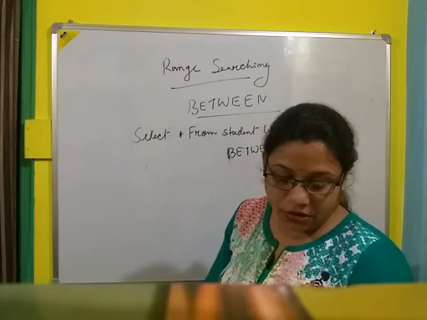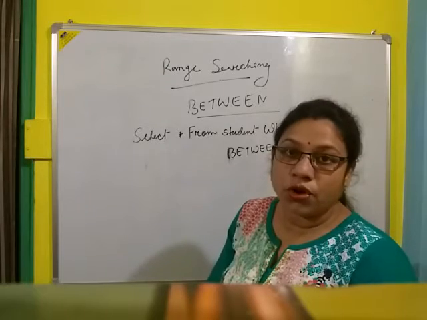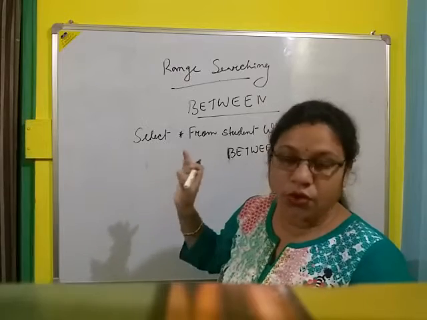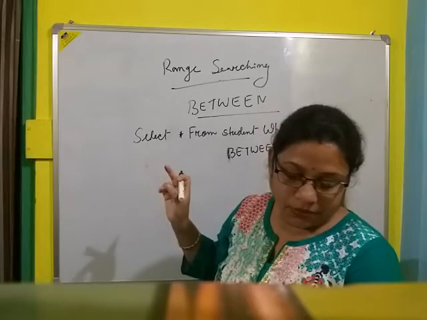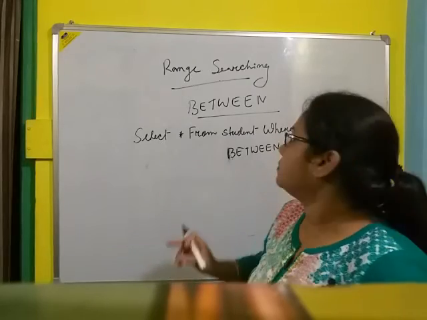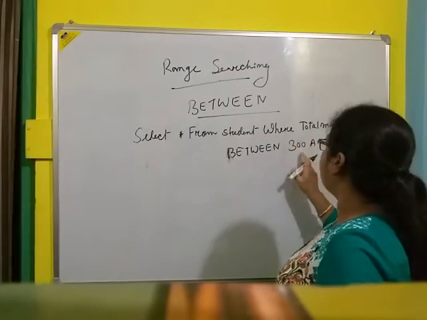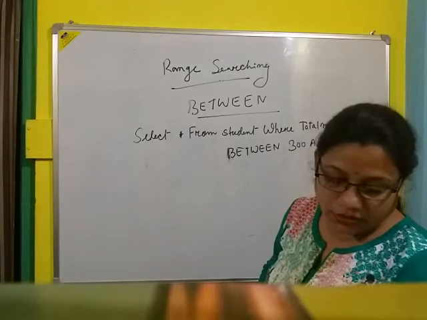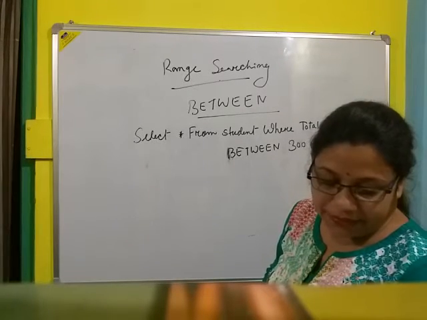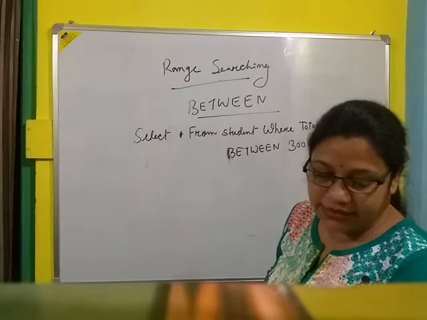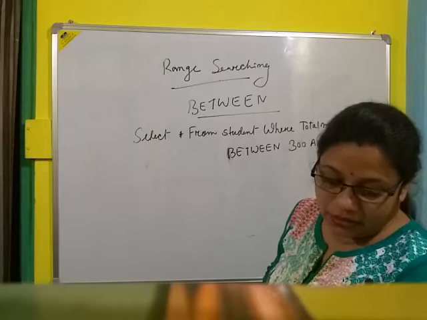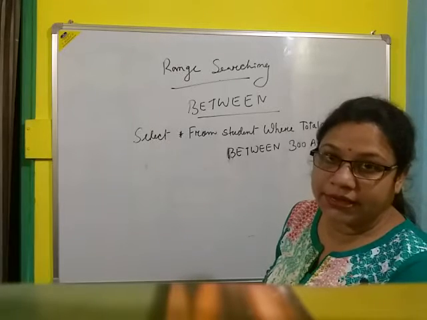So here you look, there are two rows selected, because the total marks are between 300 and 400. So row number 4, there is the name Divya, and the total marks is 365. Grade and result are also available there.